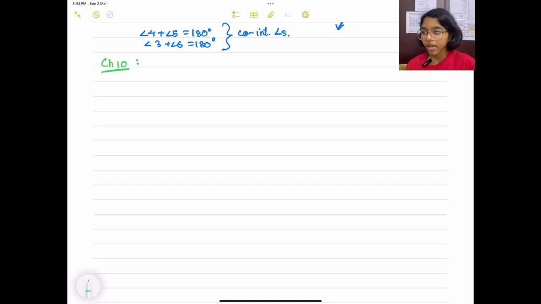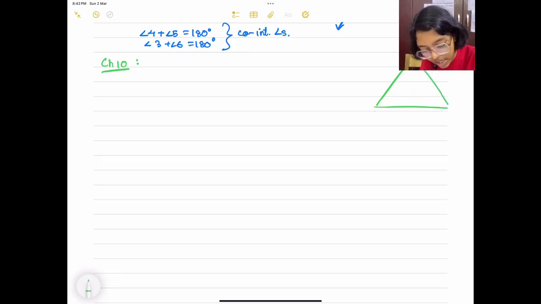Basically, in Heron's formula, we're trying to find the area of a triangle whose sides are all different. For example, triangle ABC. How do you find the area of this triangle?